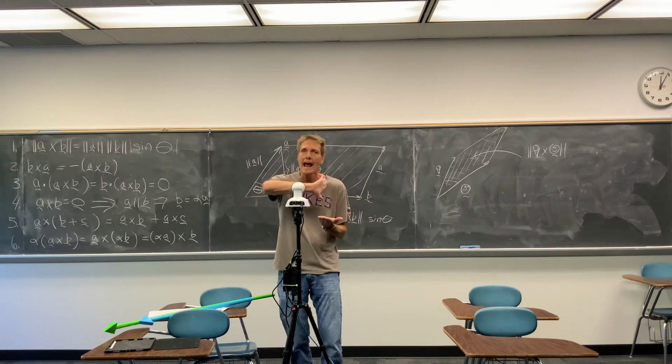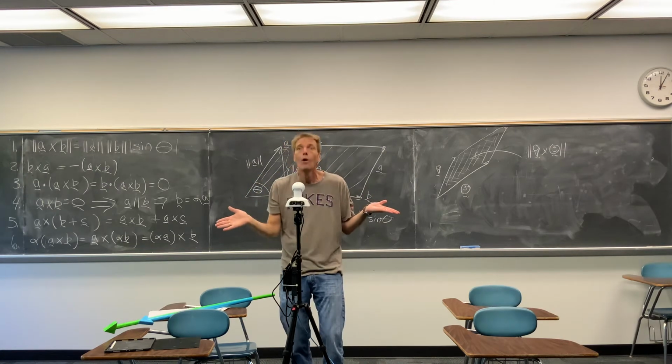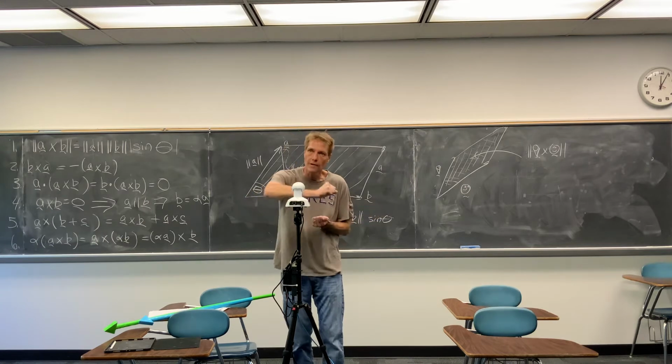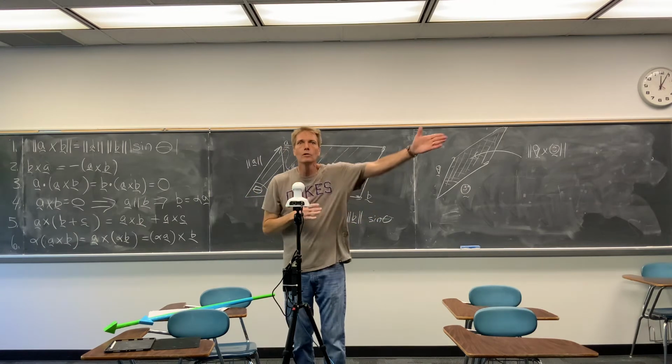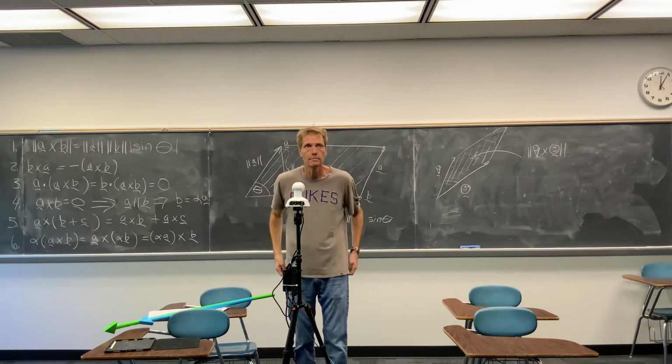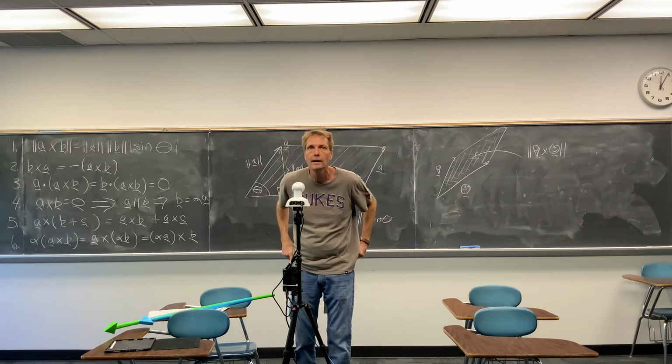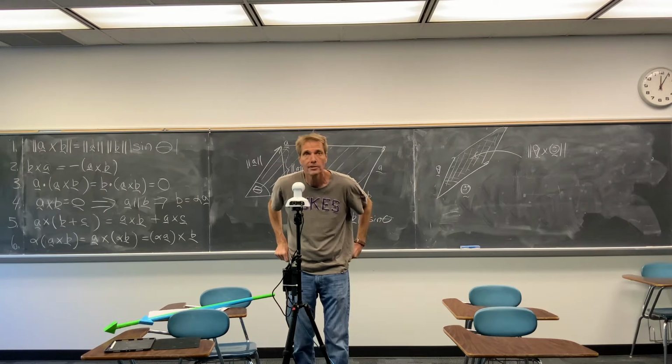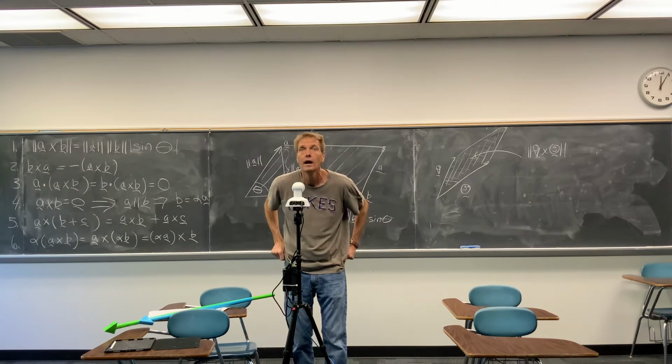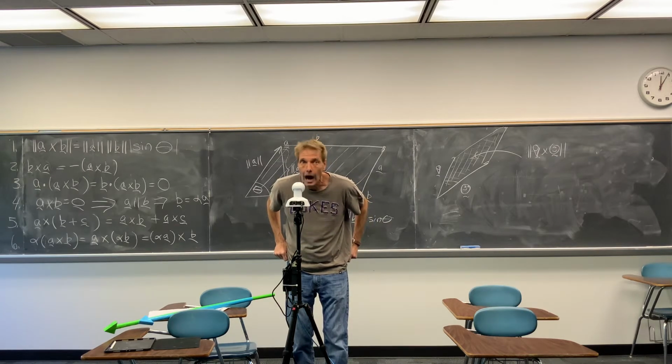It's talking about an angular momentum or something moving. You've got your angular momentum and your linear momentum. The cross product describes the angular. The dot product describes the linear.